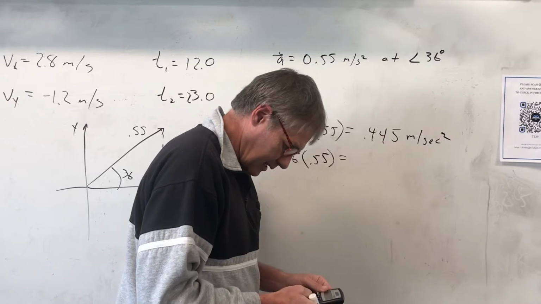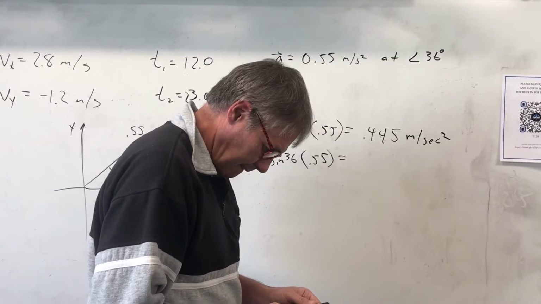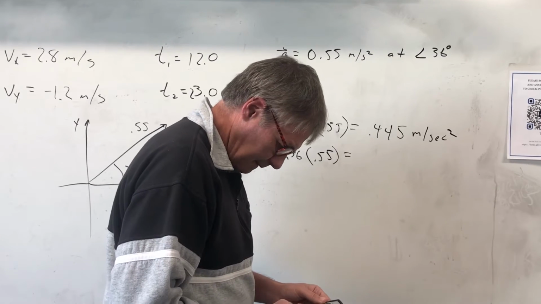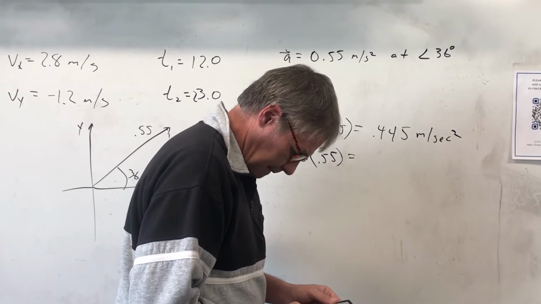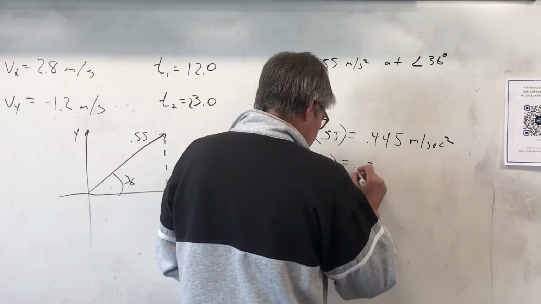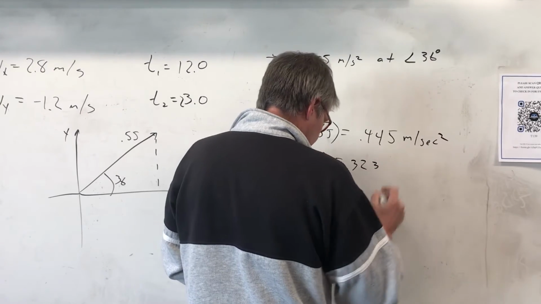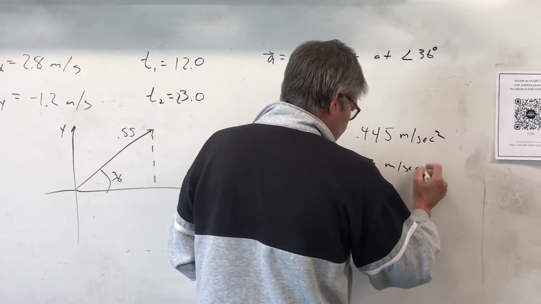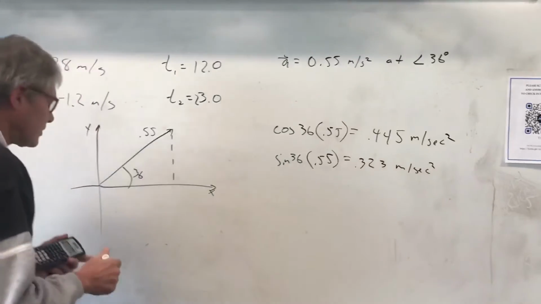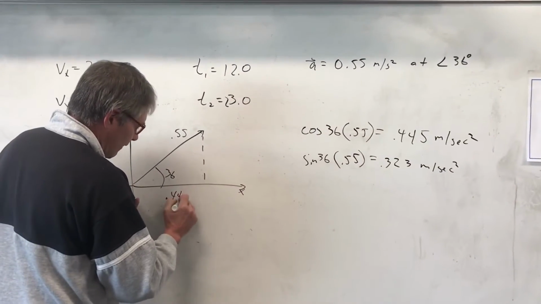Let's get that. It's 0.323 meters per second squared. Okay, so we know the components of the acceleration are 0.445 and 0.323.